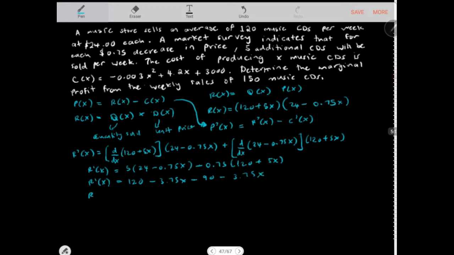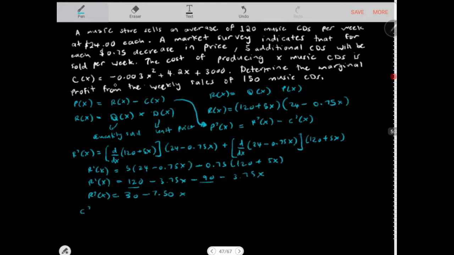I'm going to collect all the like terms. The marginal revenue function here is 120 minus 90, so that's 30, minus 3.75 minus 3.75, which is minus 7.50x. So that's your marginal revenue function.